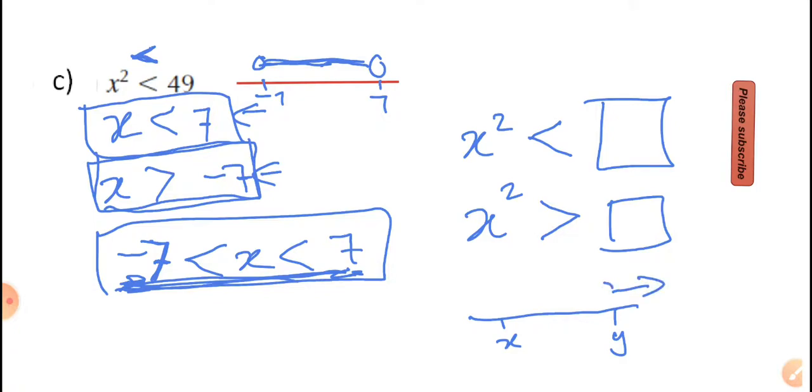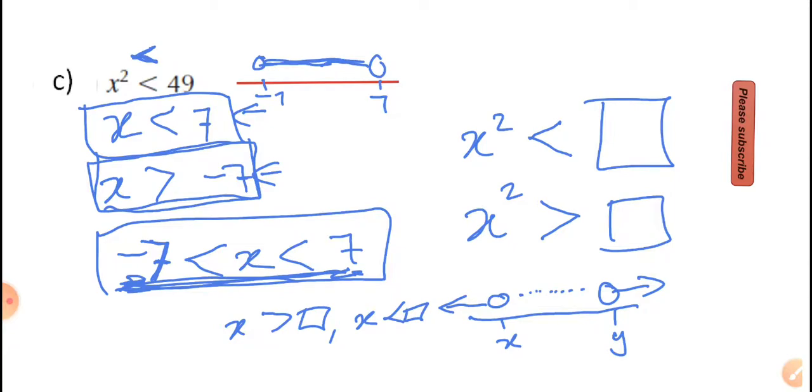This middle bit here will be missing, and the answer will be x is greater than something, comma, x is less than something else. So this is how you show the answers.